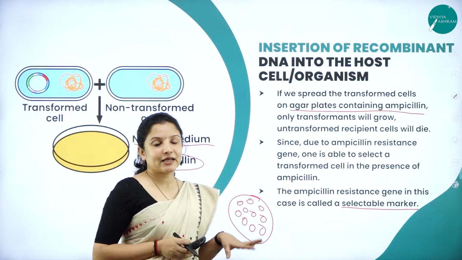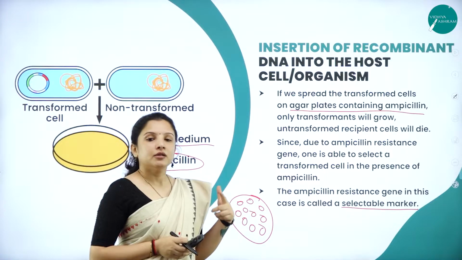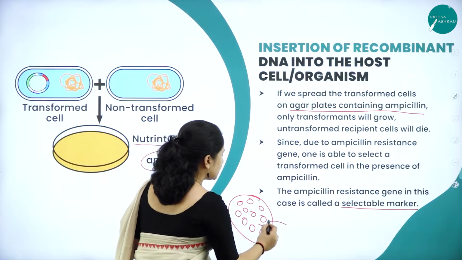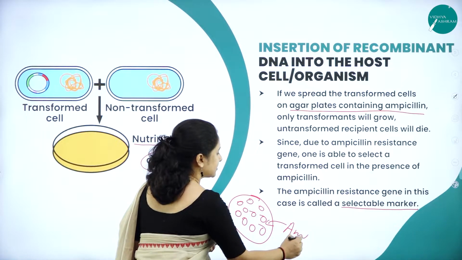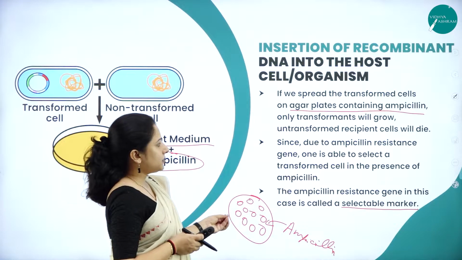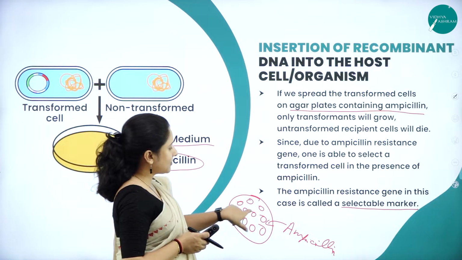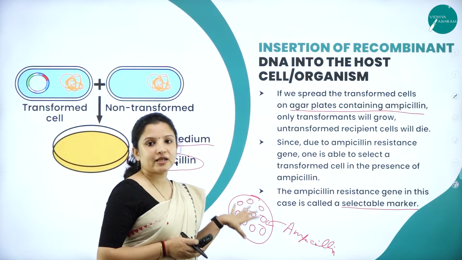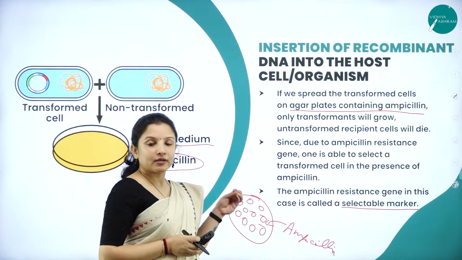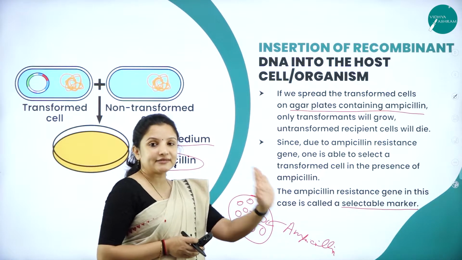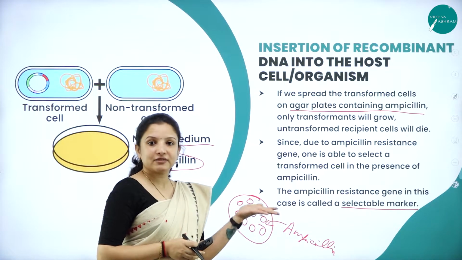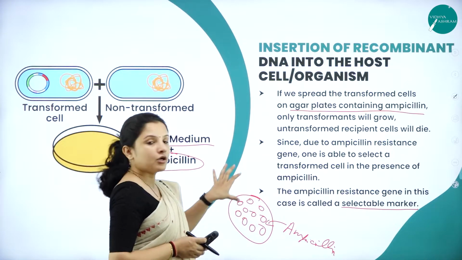They add ampicillin to the media and allow the growth of the vector. Bacteria showing resistance to ampicillin will start to grow, because ampicillin cannot do anything to them.